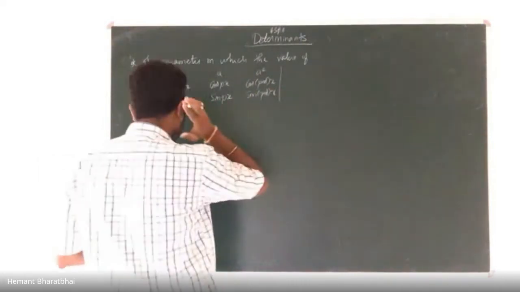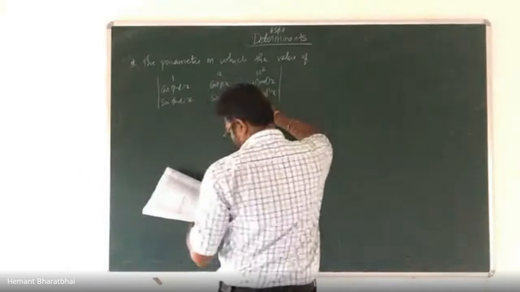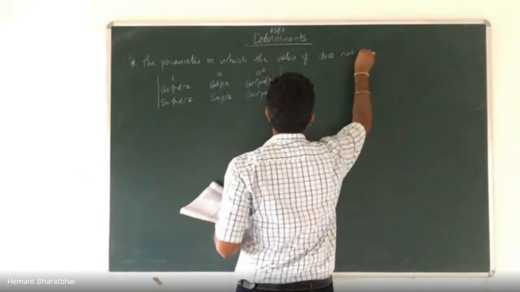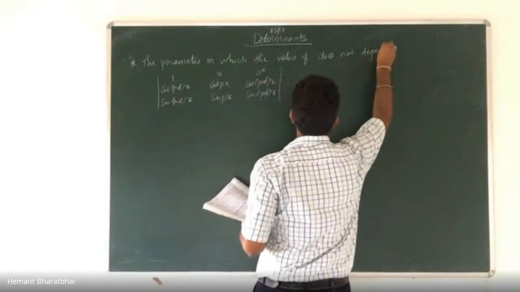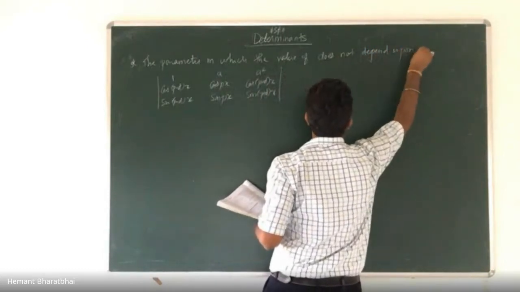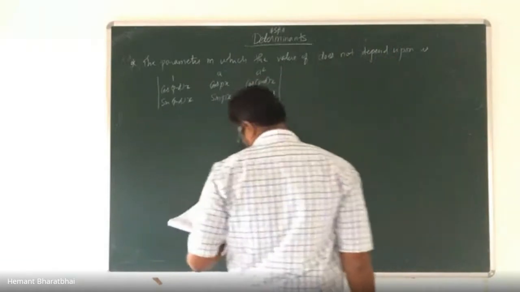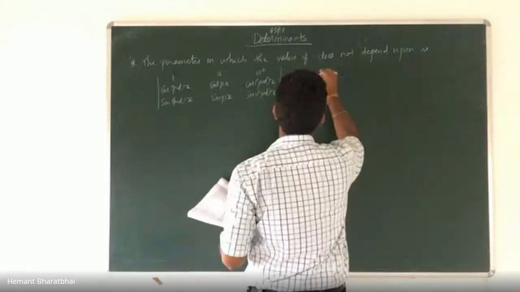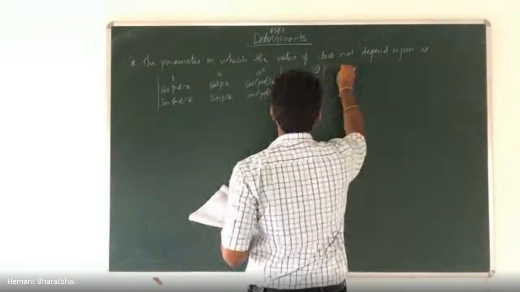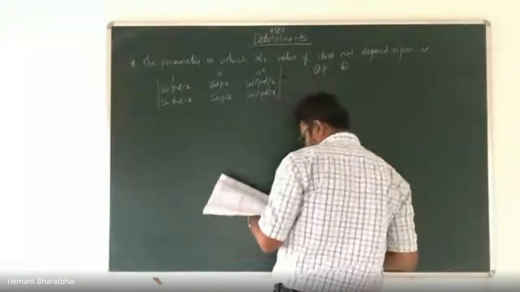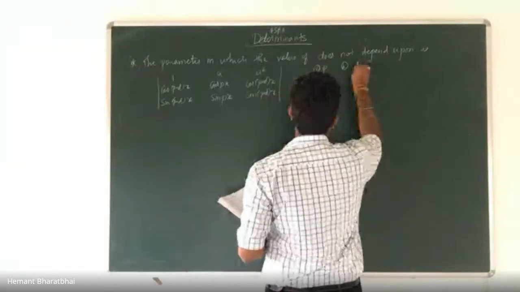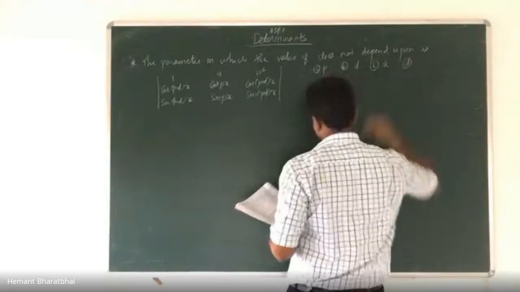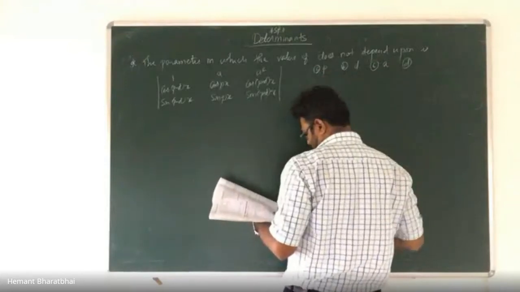The parameter on which the value of this given determinant does not depend is: option A is p, option B is d, option C is a, and option D is x.